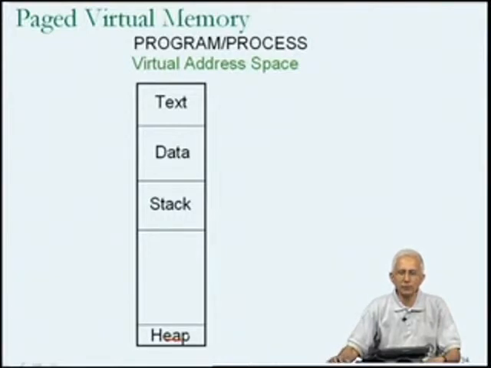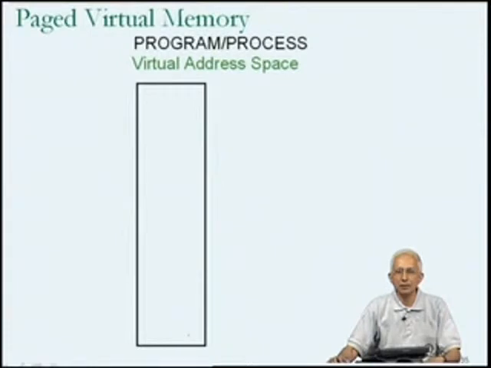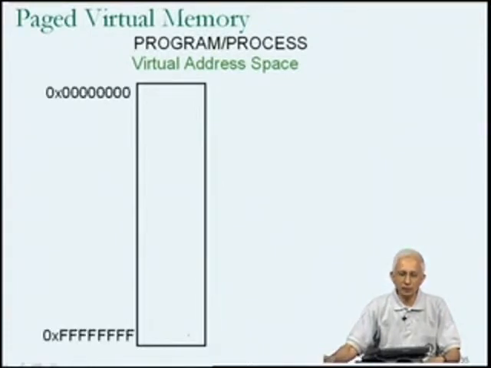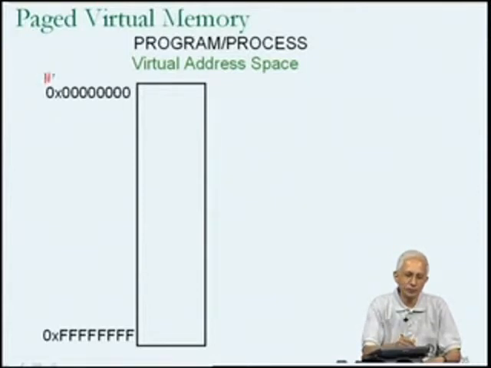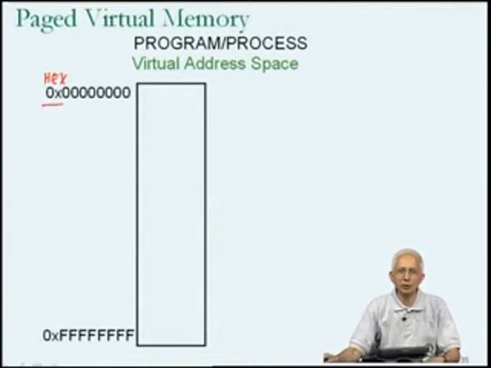So until now, when we talked about programs, we were looking at the virtual address space in this way. We also know that this virtual address space can be viewed as the addresses from 0 up to some maximum possible address. So in this notation, rather than writing address 0 at the top and address 2 power 32 minus 1 at the bottom, I'm showing you the addresses in hex notation. Remember, whenever you see a number which is prefixed by 0x, that means that it is being shown to you in hexadecimal or hex notation.